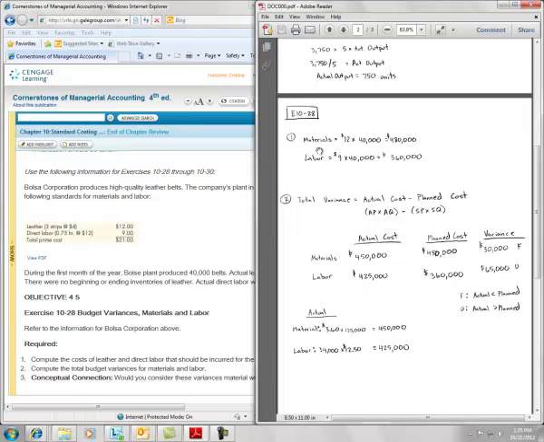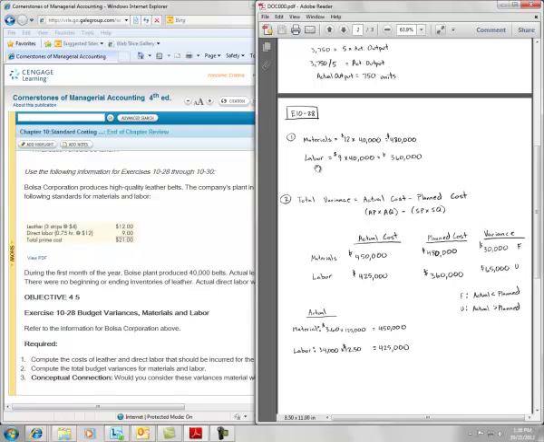So first off, we can take a look at the materials. And if we think about what this should actually cost, we know that we're trying to produce 40,000 belts. We know that the material cost, looking back to this table, is $12 per belt. So we can just take a simple multiplication there, and we arrive at 480,000 for the materials.